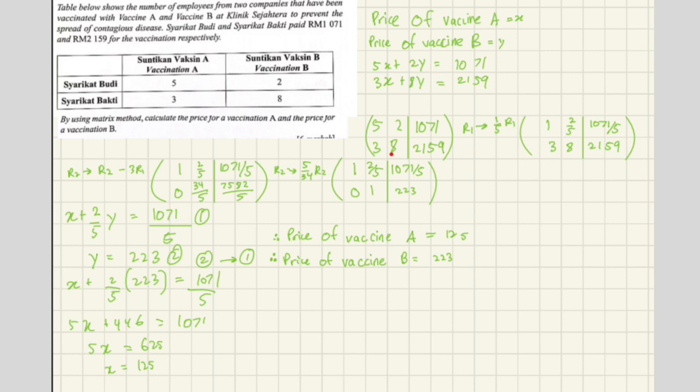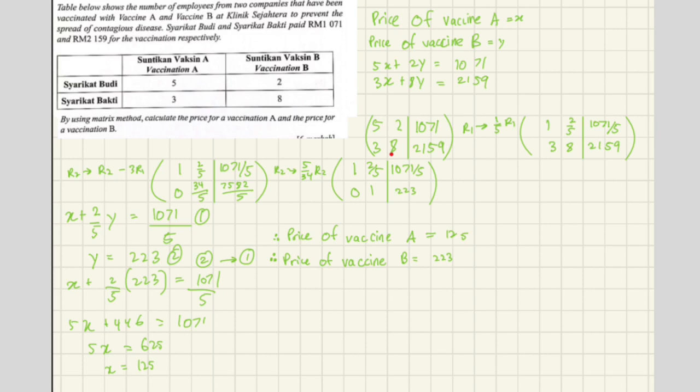Then substitute the value of y into the first equation. So we get x plus 2 over 5 multiplied by 223 equals 1071 over 5. 5x plus 446 equals 1071.